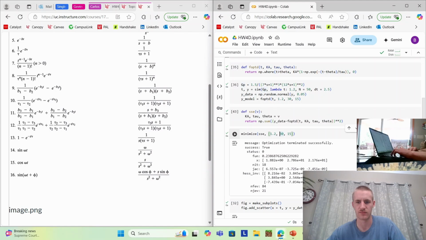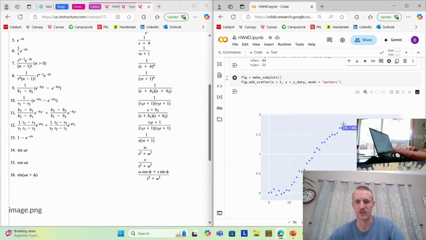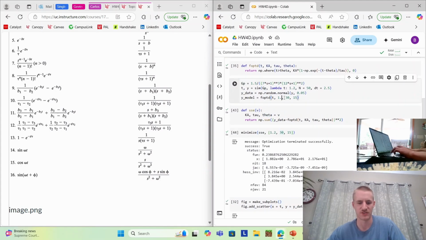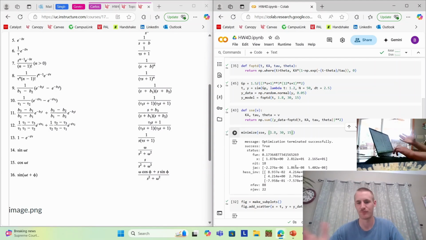Also, Ka is our final, which is 1.8, not 1.2. I think it should be fine. It could be close enough, but it's very slightly different numbers there.